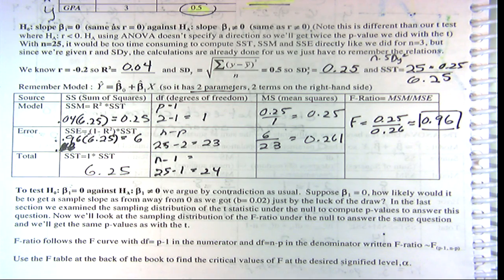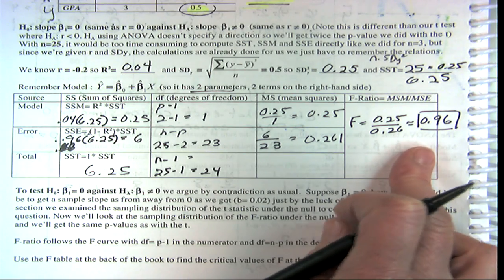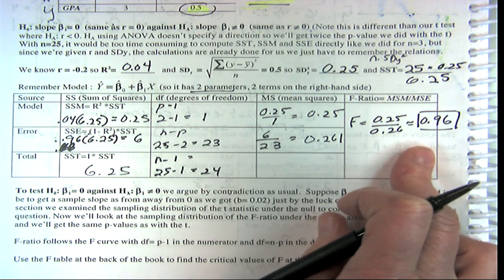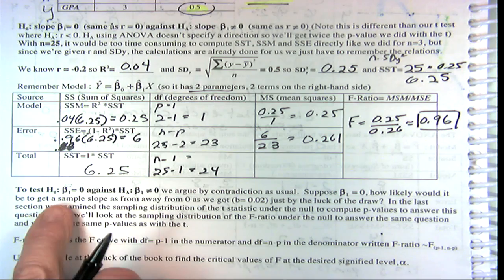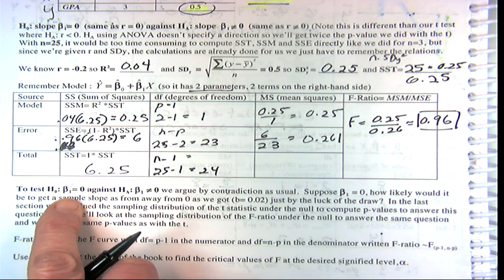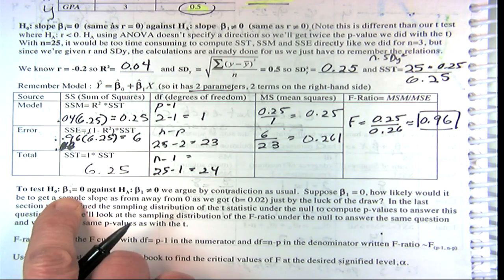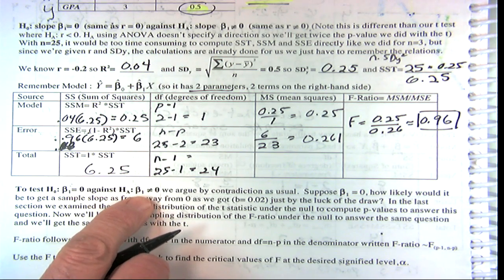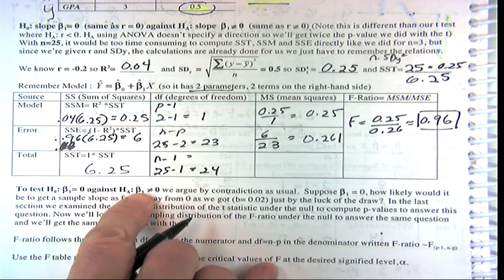Now we're going to use this statistic to test the null, which is that the slope is 0, that there's no correlation. That's equivalent to saying there's no correlation between drinking and GPA, against the alternative, which is always two-sided, because think of it, we're doing squares here.